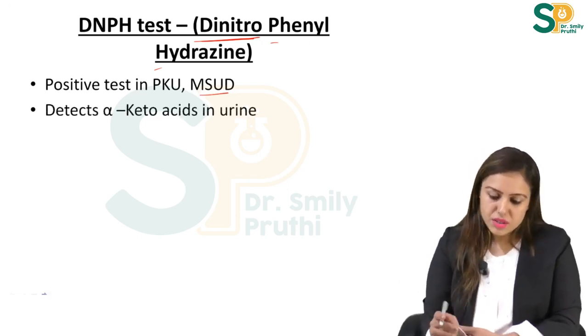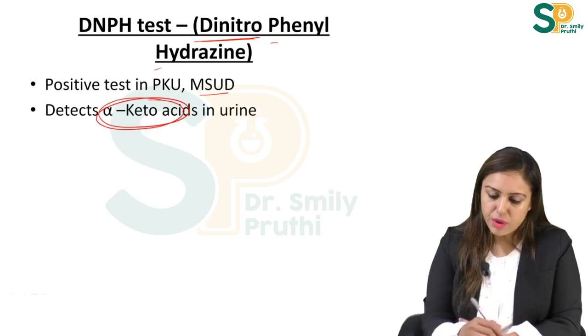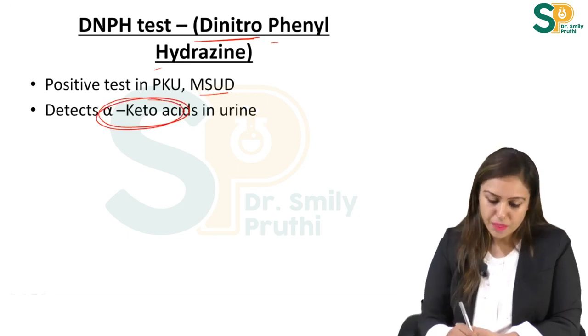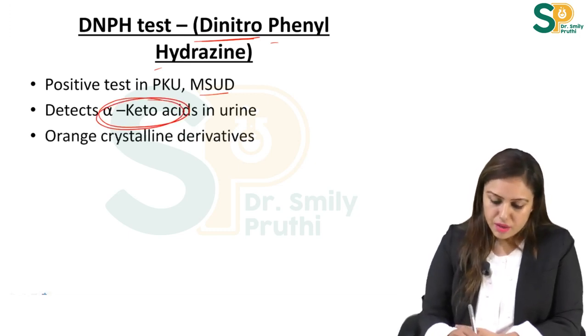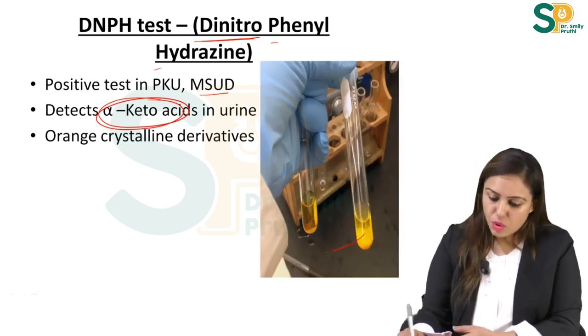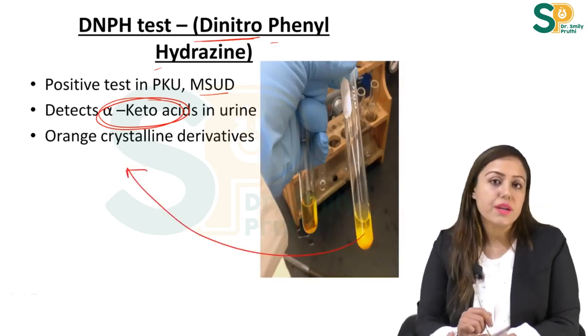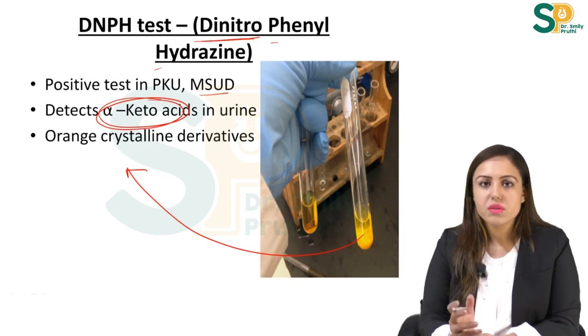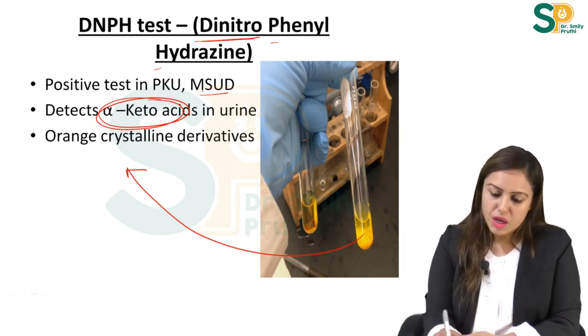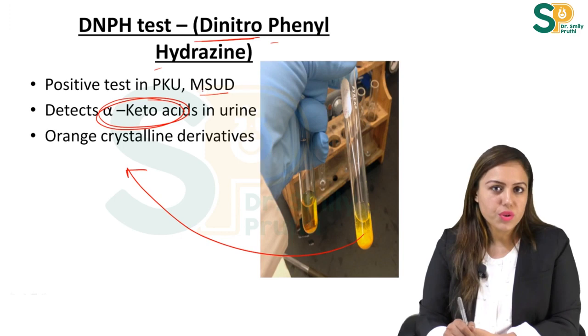This test detects alpha keto acids in urine, and the positive test is orangish yellow crystalline derivatives which are formed if alpha keto acids are present in the urine.